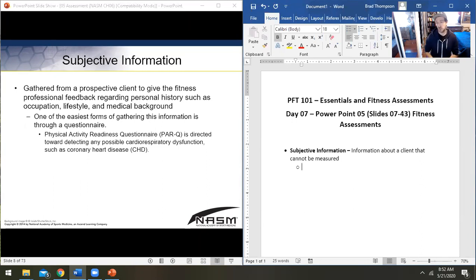It's like opinions. You can't measure an opinion. You can measure facts. But the big thing to remember is that this is going to give us information regarding our client's background, right? Personal history, occupation, lifestyle, medical background, things like that.